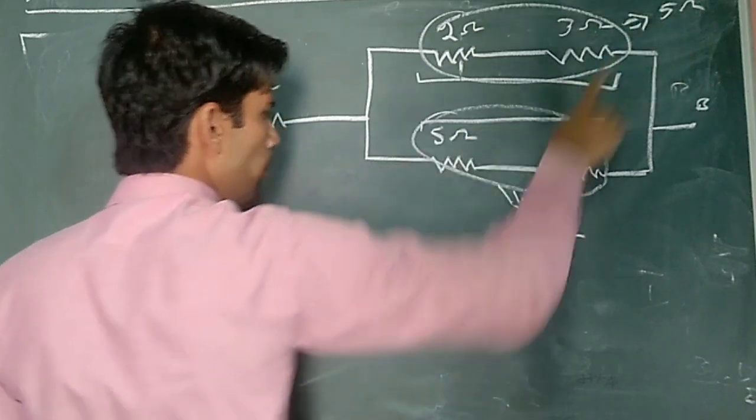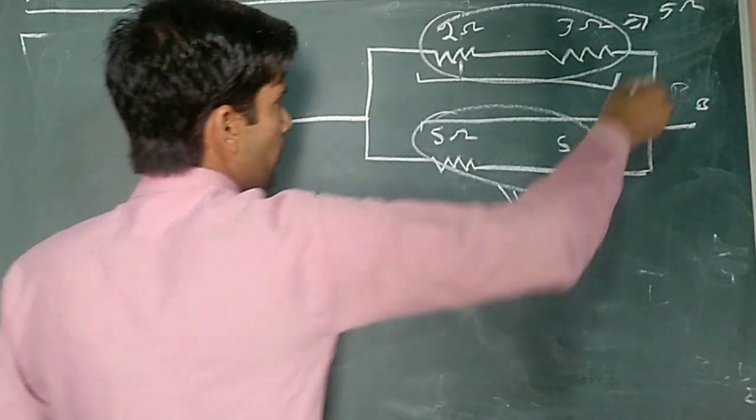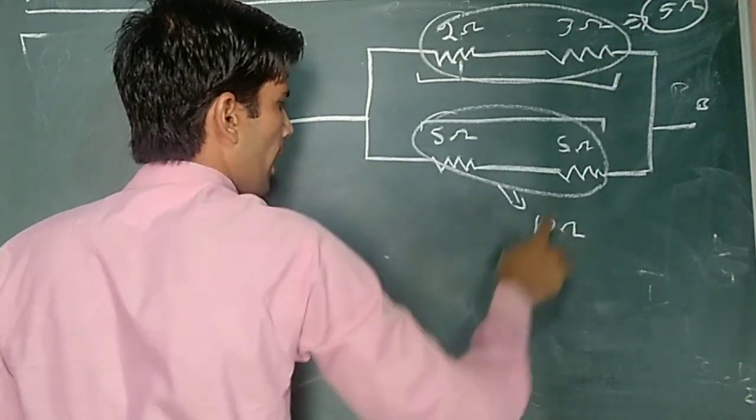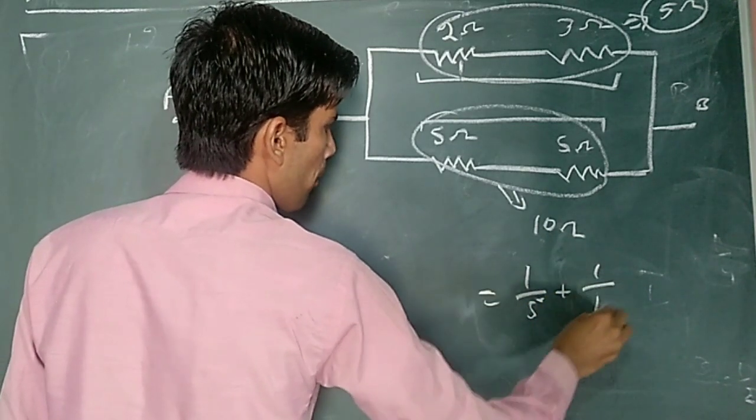Now the 5 ohm and this 10 ohm are in parallel combination. The net effective resistance of this system of 5 ohm and 10 ohm is given by 1 by R dash, which is equal to 1 by 5 plus 1 by 10.